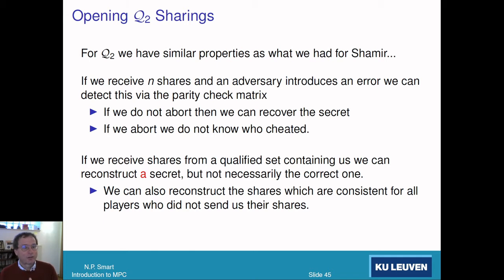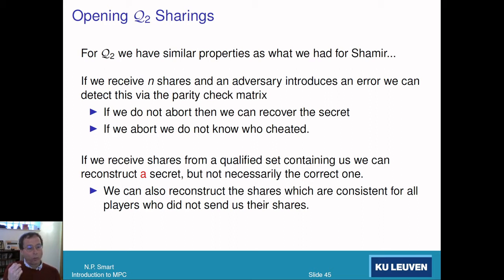If the parity check matrix says there is no error, then we can recover the secret and continue. If the parity check matrix says that there is an error, then we abort. Now the parity check matrix only has this property if the underlying secret sharing scheme was Q2. So Q2 is really important here because this allows us to do error detection.